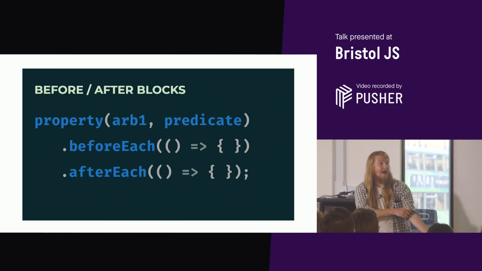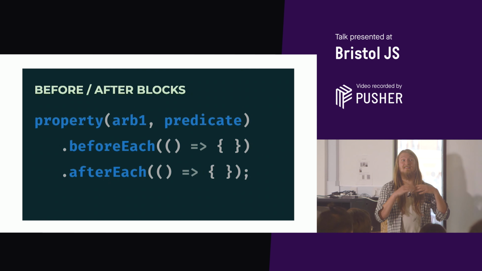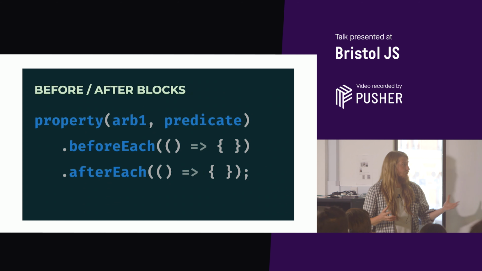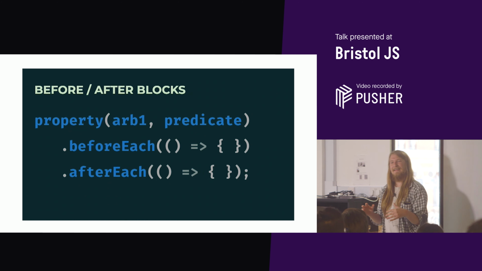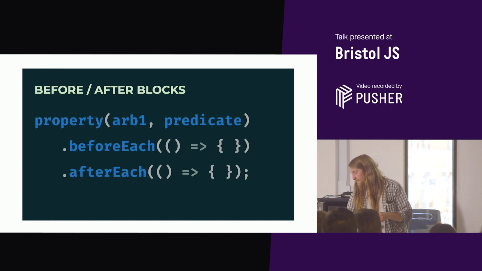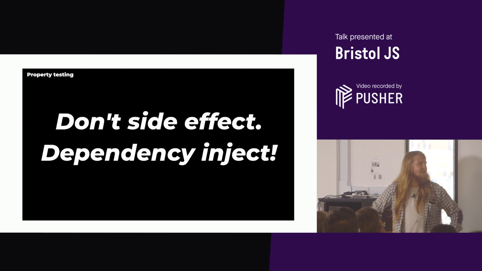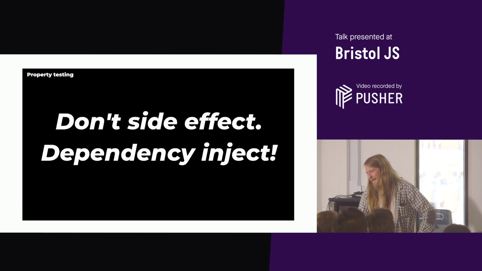If you can instead pass your dependencies into your functions using dependency injection, it may mean your code is a little bit more verbose, but in the long run, you're trading ease for simplicity, and that's usually a good trade-off. That's why I have this catchphrase: don't side effect, dependency inject. I'm always saying it. That's a common catchphrase you'll often hear me say.